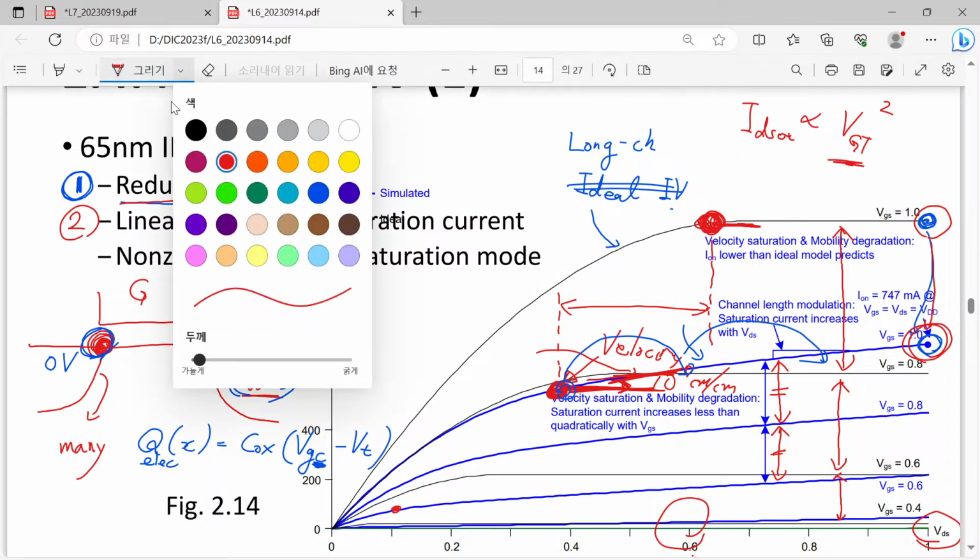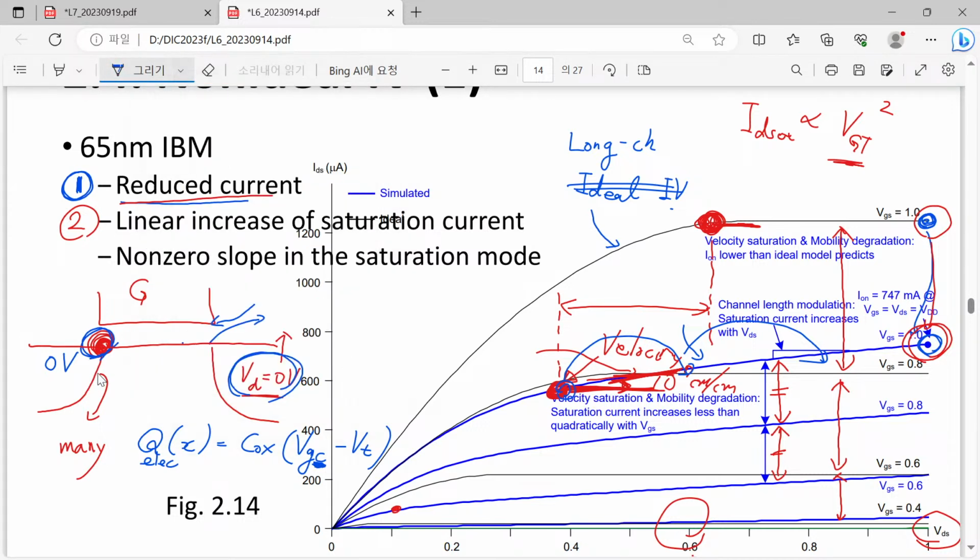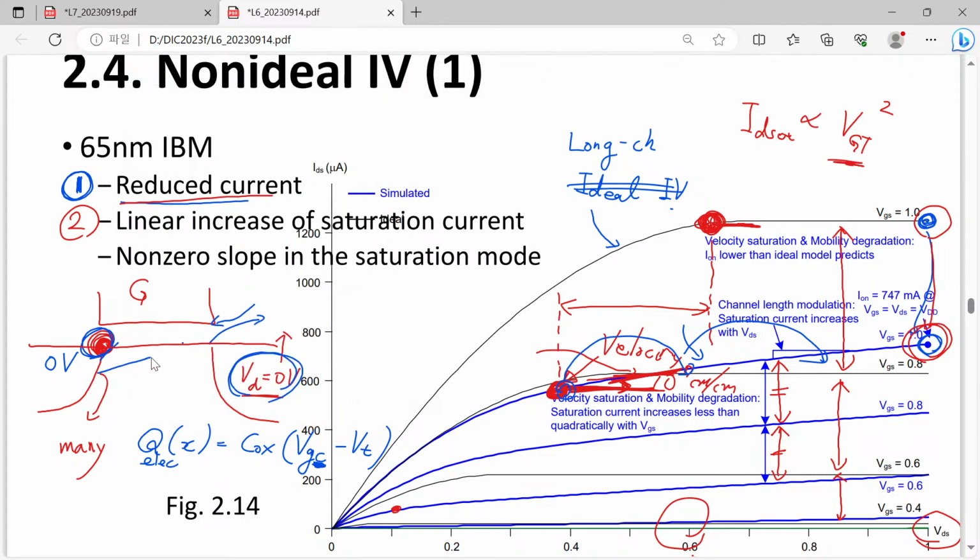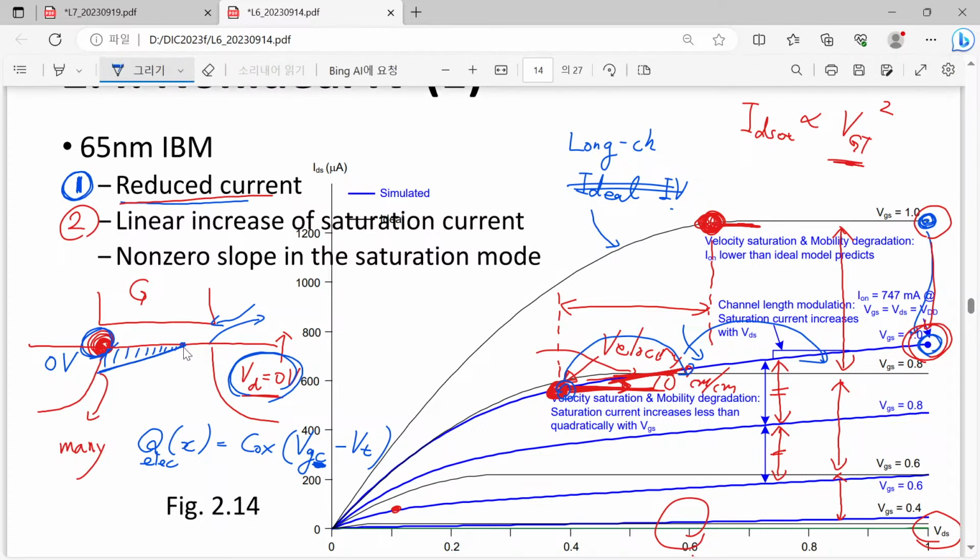If I draw the distribution of our electrons, it will be like this. Here we have the electron channel, and here we have no further electrons.